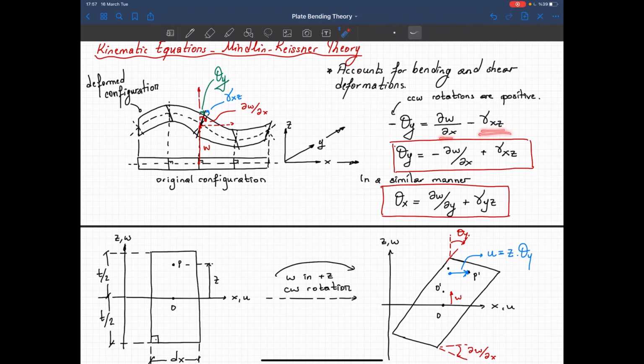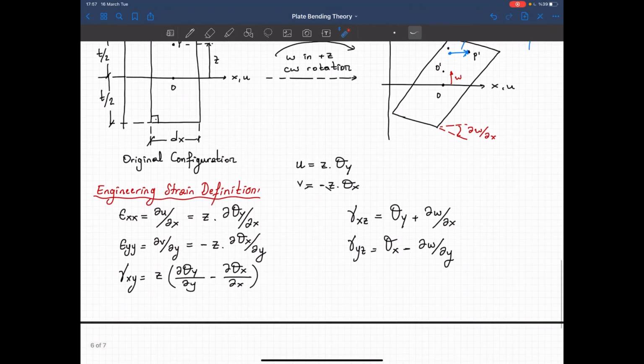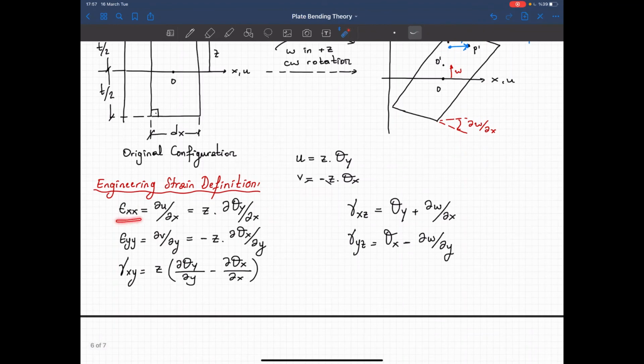We have the shear strains also. So that's why I can only show the strain in terms of rotations, not in terms of transverse displacements. And we have two additional strain terms, which have the rotation as well as the transverse displacement terms.